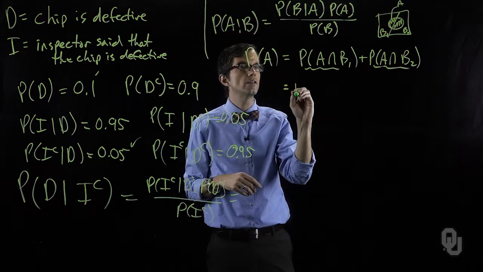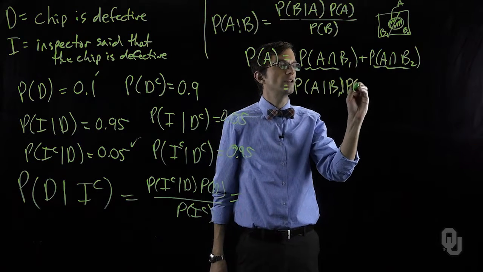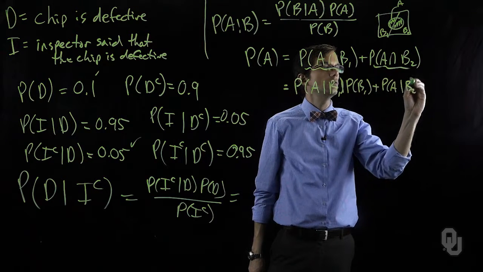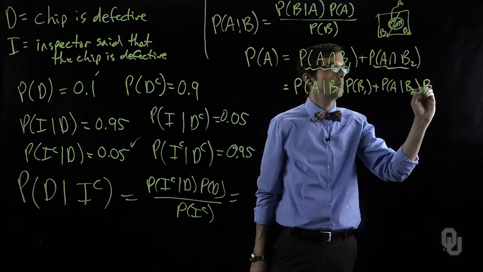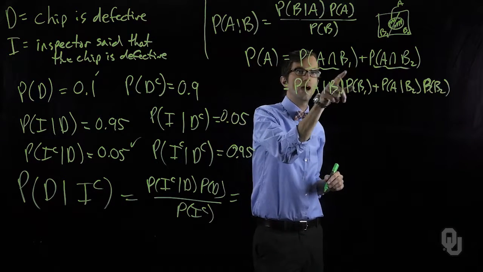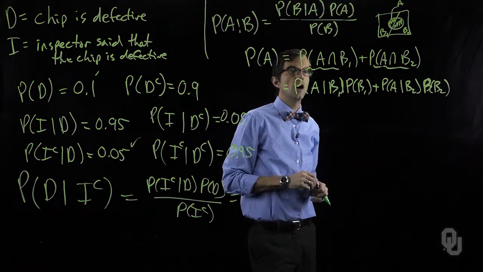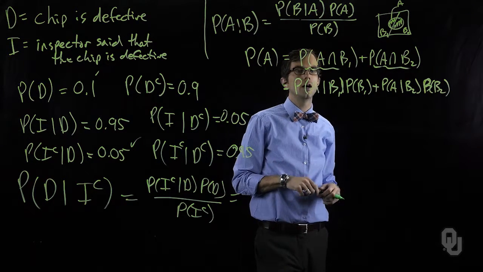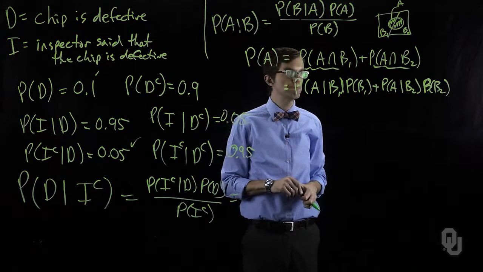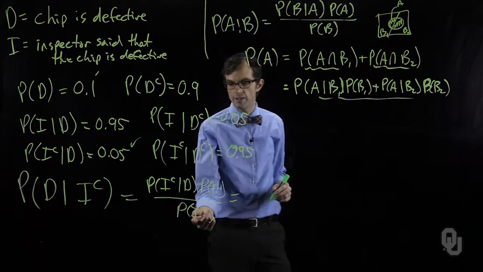We could say that that is the probability of A given B1 times the probability of B1 plus the probability of A given B2 times the probability of B2. So this, by definition, is this thing for events that are not independent of each other.